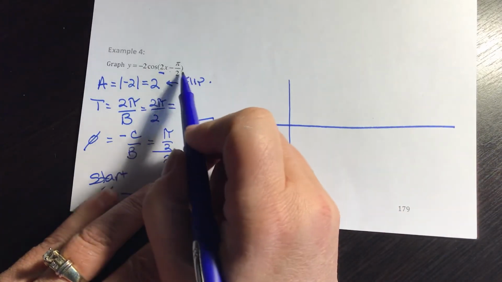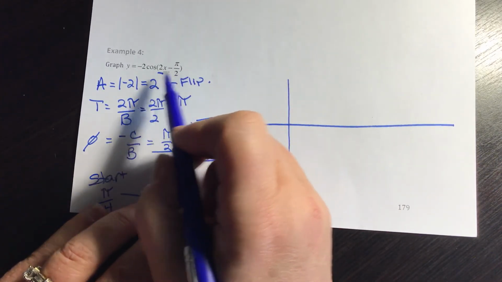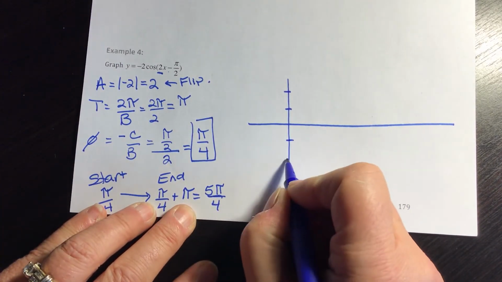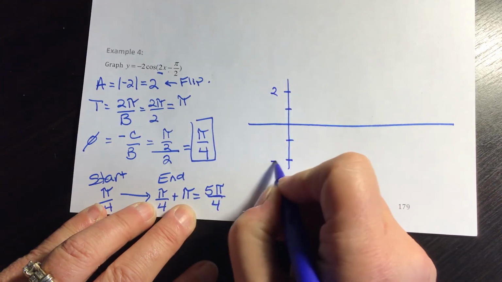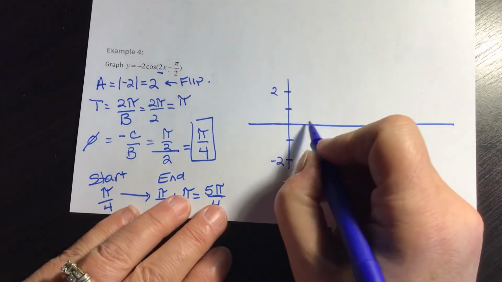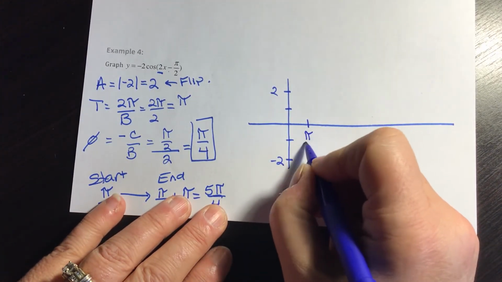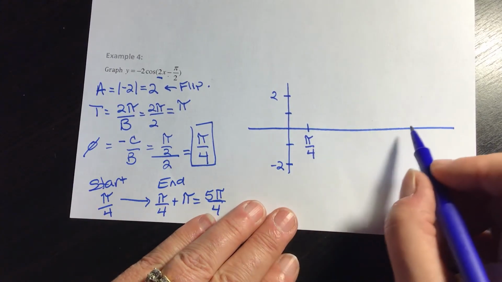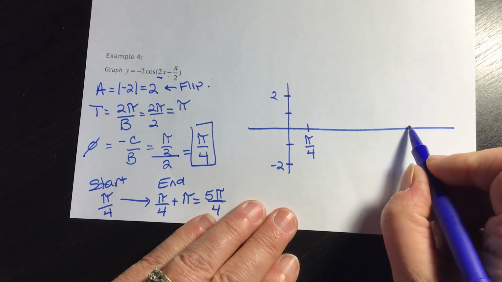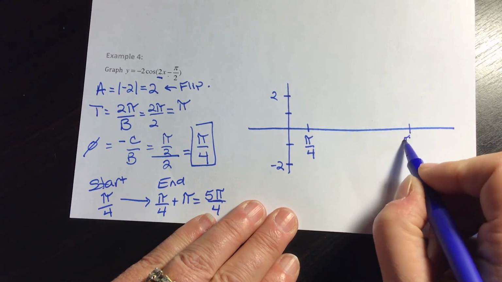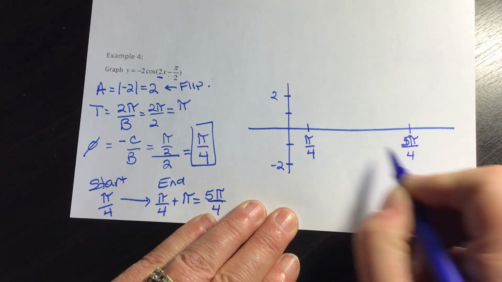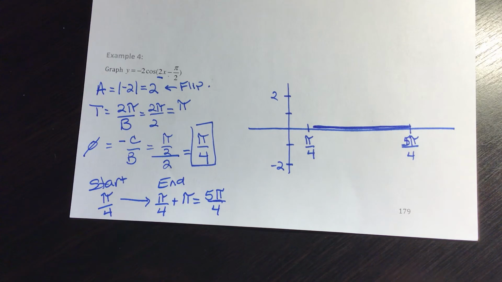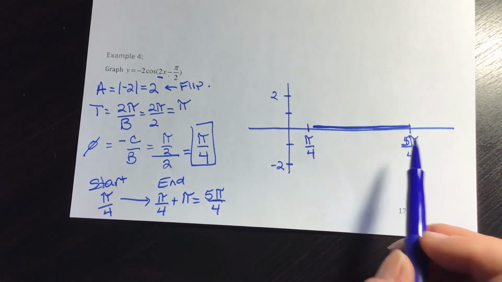All right, I have no shift on this, so I know I'm going to go from 2 to -2. I'm going to start at pi over 4, and I'm going to go to 5 pi over 4, and the length of this is going to be 1 pi. Okay, pi over 4 to 5 pi over 4.